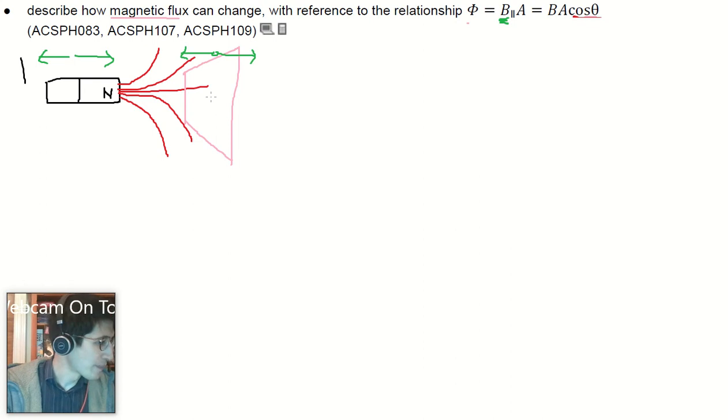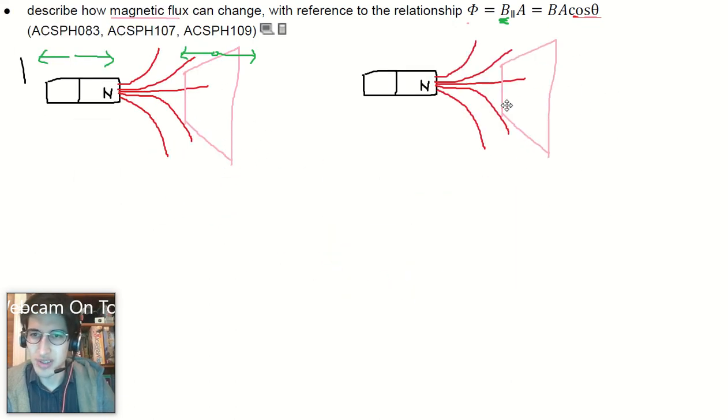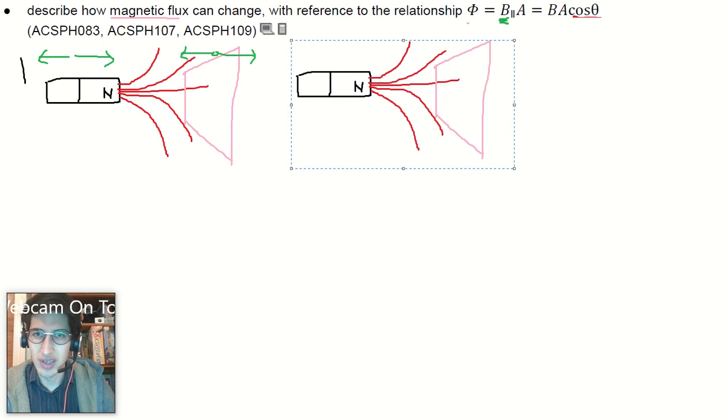Okay. Number two. You can change it by stretching out the shape. So let's bring this over here. Now we're talking about number two. Now we're talking about changing the area. So this loop here, right now it's a big square sheet of metal.